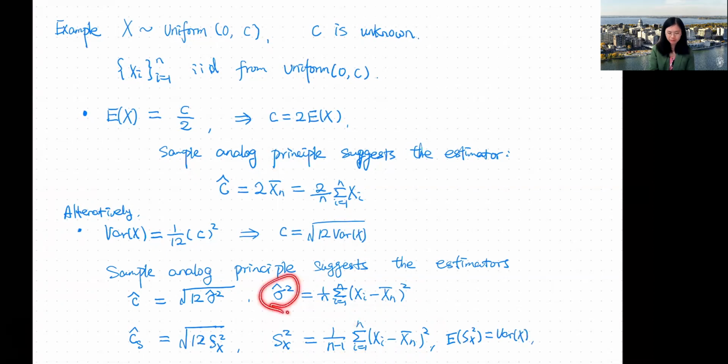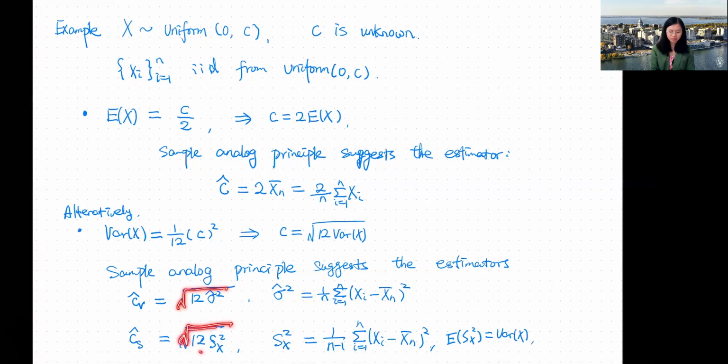This estimator, as you can see, because it used the division by n instead of n minus 1, is slightly underestimating the variance of X. But either way, C hat V and C hat S, these two are not unbiased estimators of C because they use this nonlinear function, the square root function.